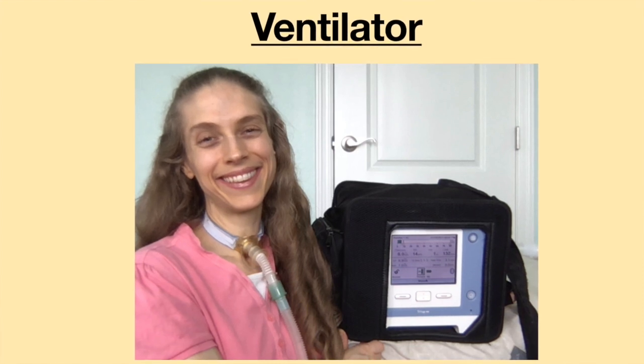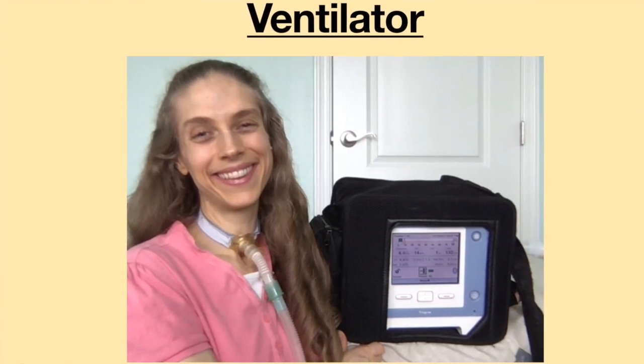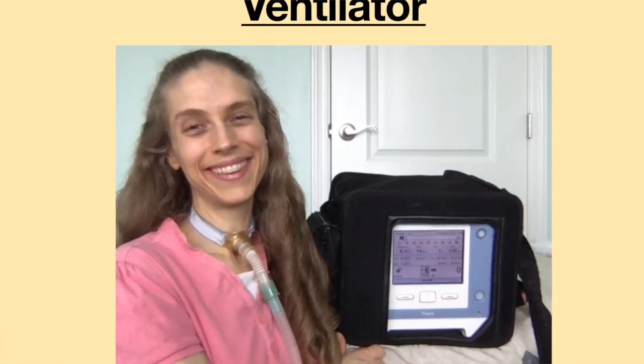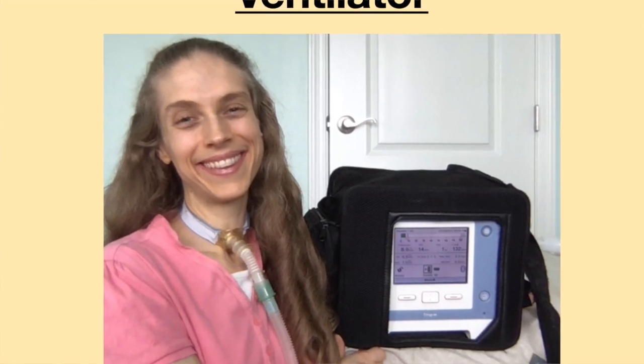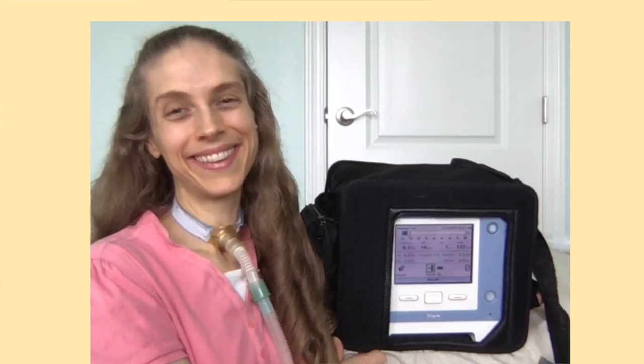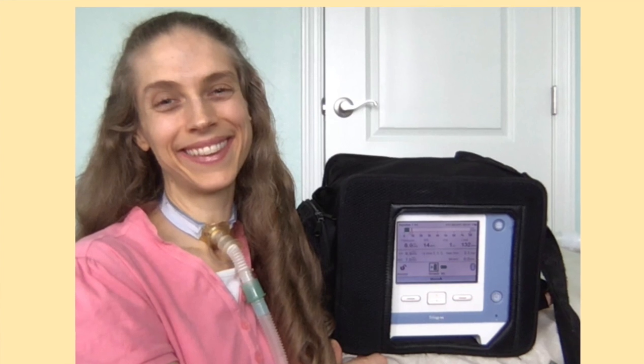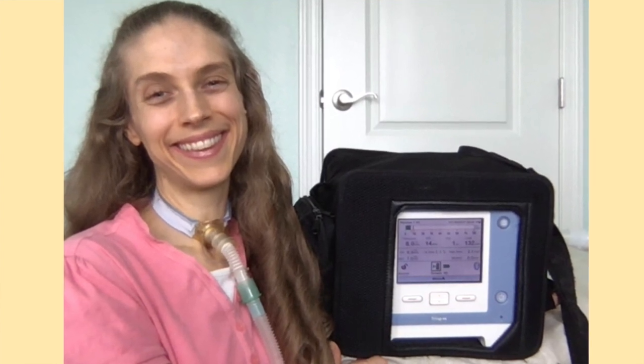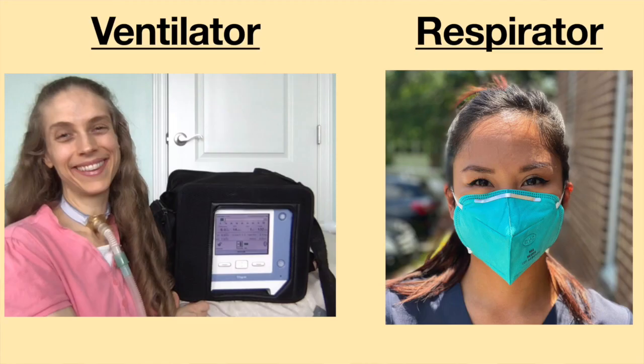Ventilators, on the other hand, are medical machines designed to push air into and out of the patient's lungs, providing artificial respiration for patients who are struggling to breathe, unable to breathe, or who have stopped breathing. In short, respirators are protective masks, while ventilators are machines used to help patients breathe.